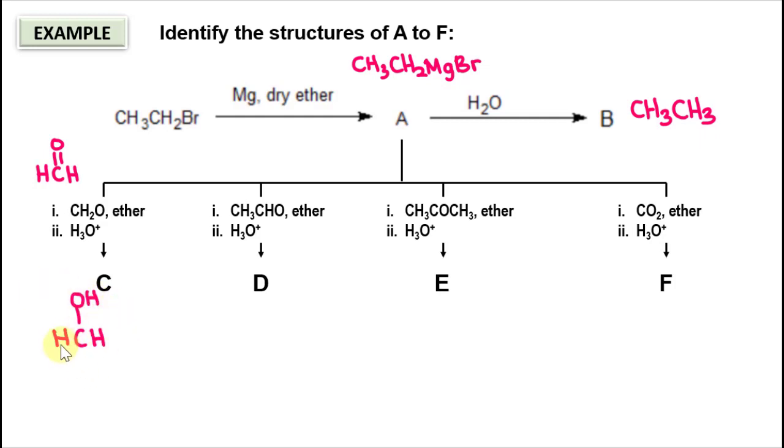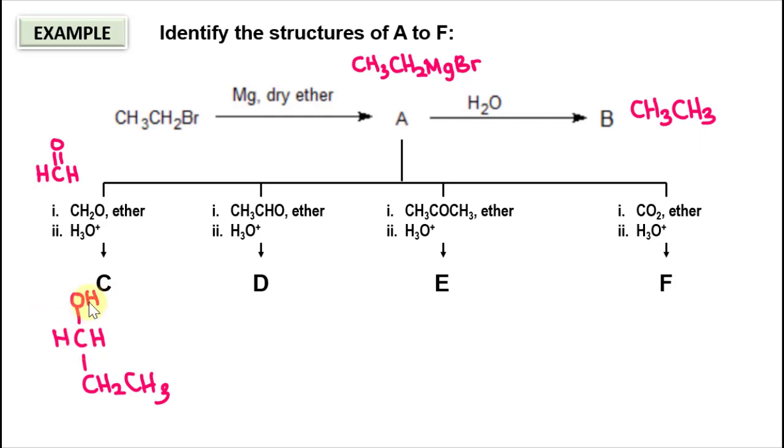So we will have HC single bond OH, H. We know that this carbon does not have enough bonds here. So what we're going to do is remove the MgBr so that this carbon also does not have enough bonds, same as here. So this carbon will be bonded to this carbon. Here we have CH2 and then beside it we have CH3.